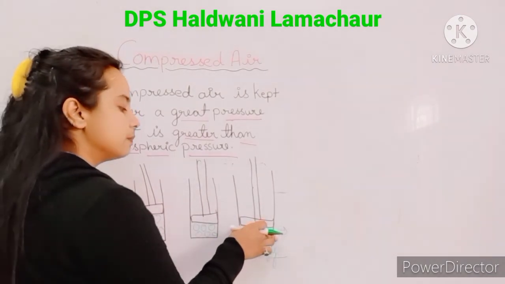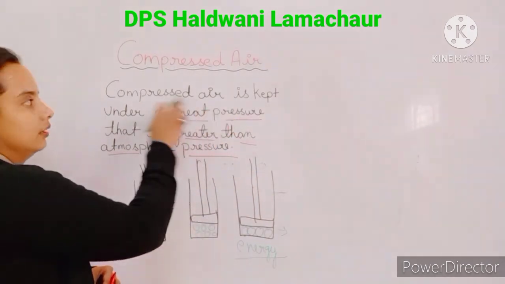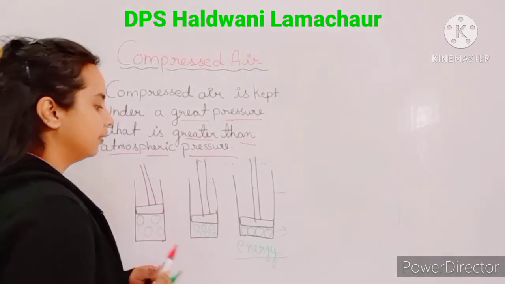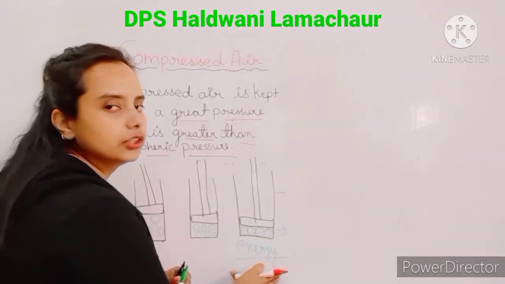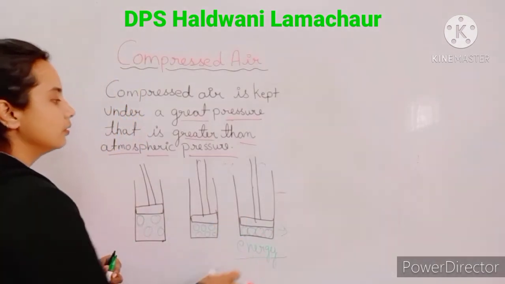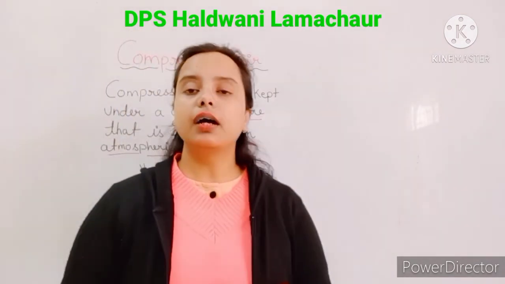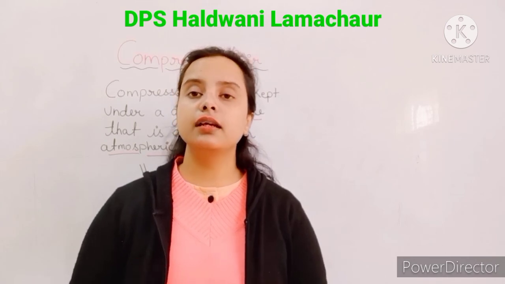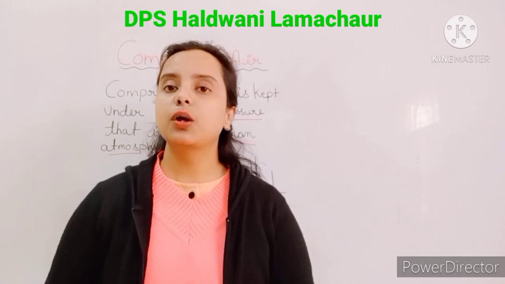If the intermolecular space is not there, then the pressure is greater in the compressed air, and the greater the compression, the greater the energy. This compressed air is used by underwater divers, who use compressed air for oxygen.